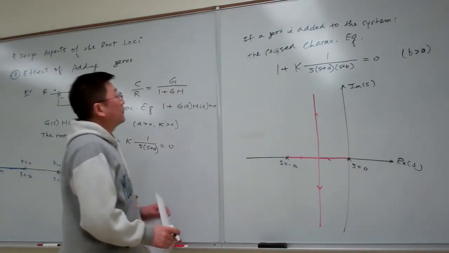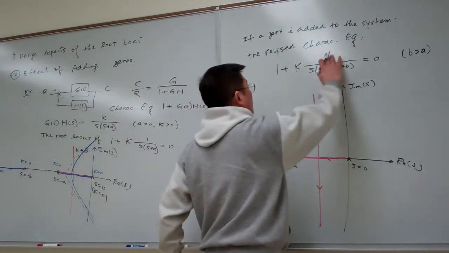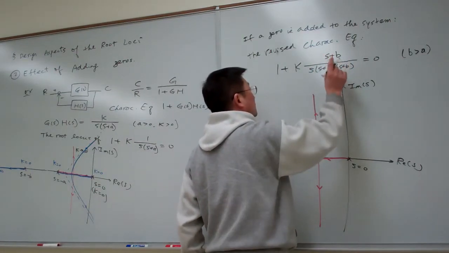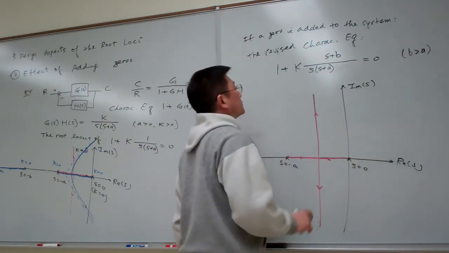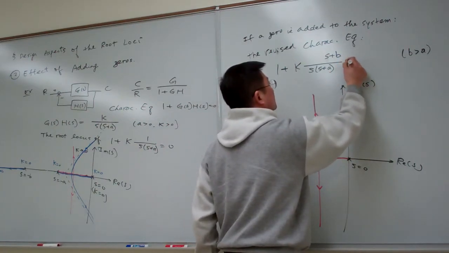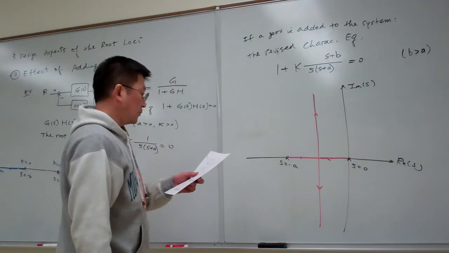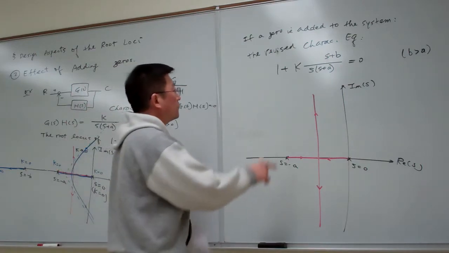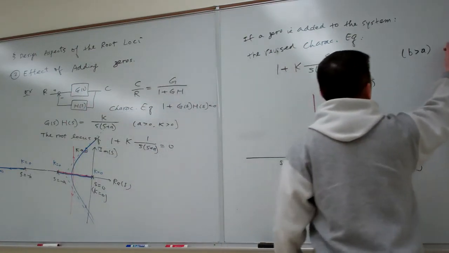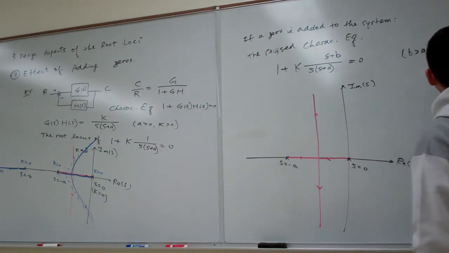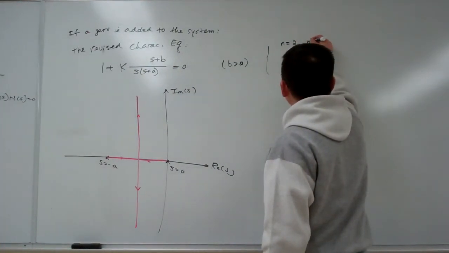So if we have a 0 added, for example here we add s plus b, and again b is greater than a. So for this system we have two branches, n equal to 2 and m equal to 1.